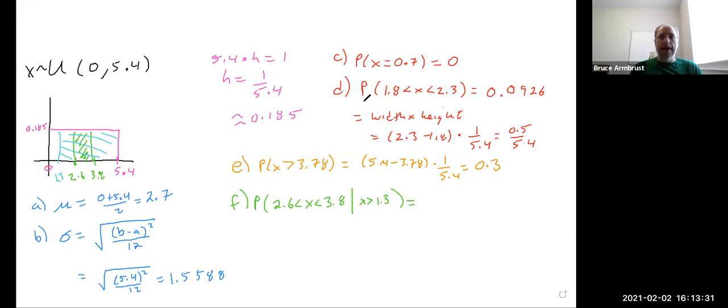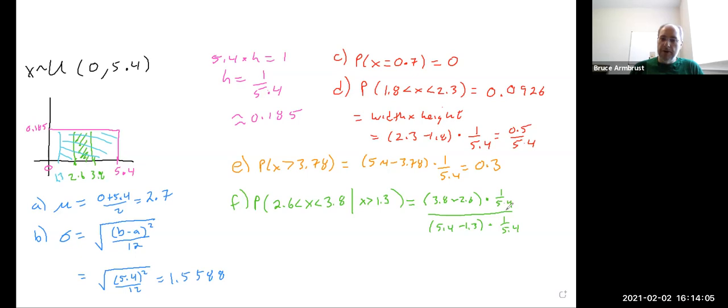All right, now I told you that there was a faster way when we were doing uniform, and that's just looking at the interval lengths. But let me just kind of build it. If I look at the area of the green, it's got its width, 3.8 minus 2.6, times the height, 1 over 5.4. The blue restricted, it's got its width, 5.4 minus 1.3, also times its height, which is the 1 over 5.4.